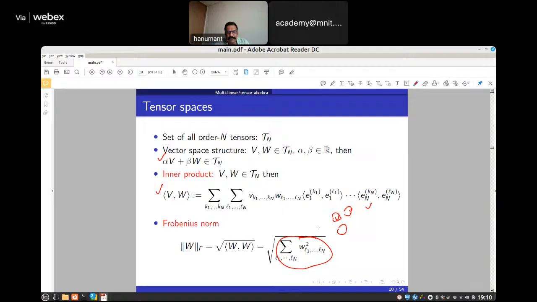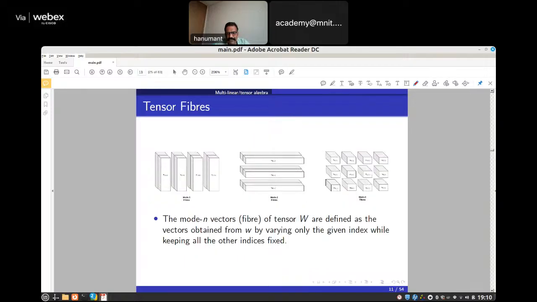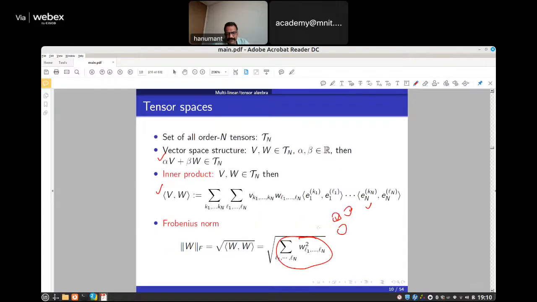So that is the Frobenius norm. It is basically a fancy way of saying root mean square. Well, I haven't done the mean here, but it is square, sum, and then root.